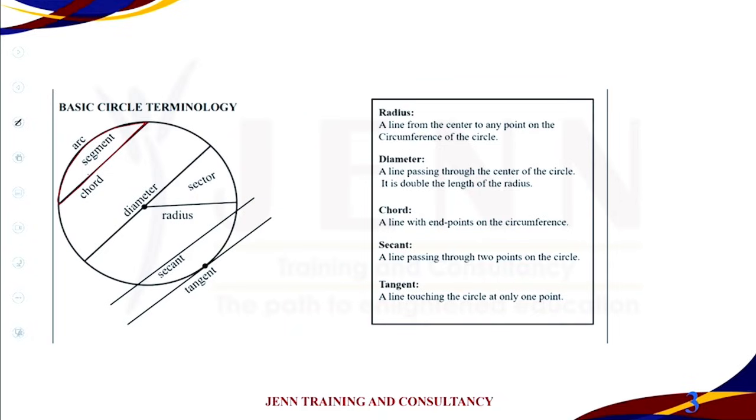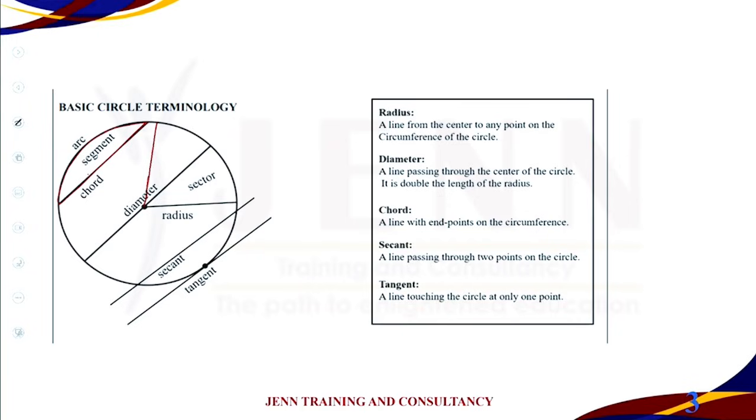No. As long as it comes from the center of the circle to any point on the circumference, that straight line, we call it a radius. Now, a diameter is a line passing through the center of the circle. And also, the diameter is double the length of the radius.